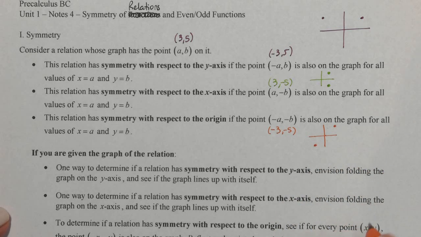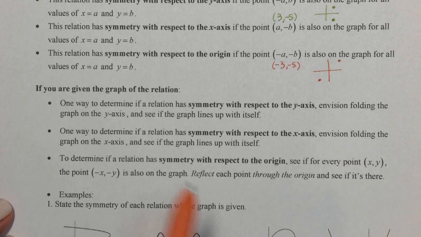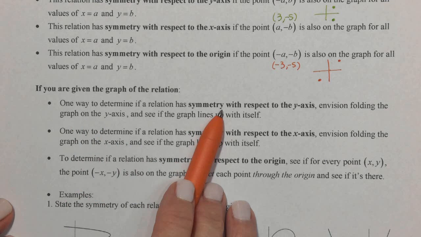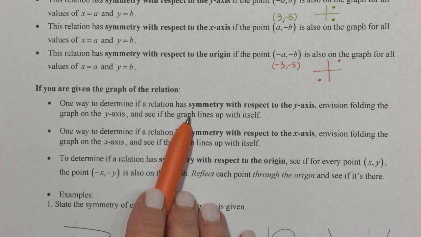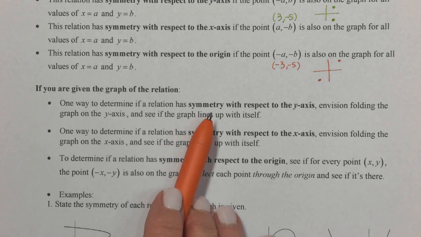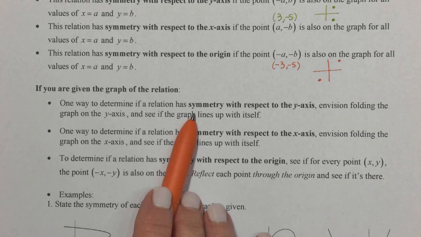Okay? All right. If you are given a graph, one way to determine y-axis symmetry is to envision folding the graph on the y-axis and visualizing: does that graph fold onto itself? Is it lined up? Is every point reflected through the y-axis?